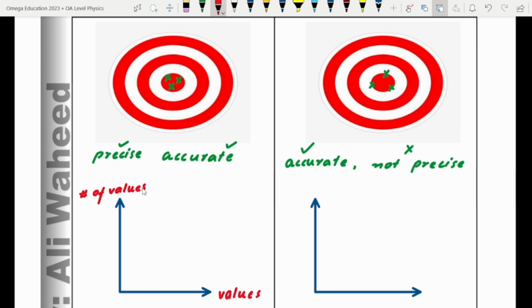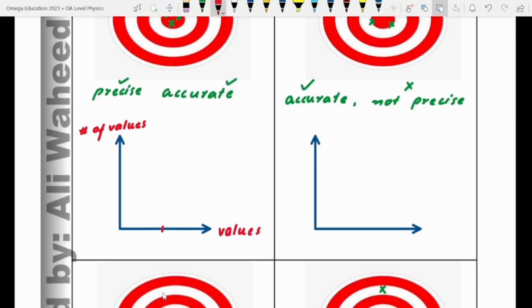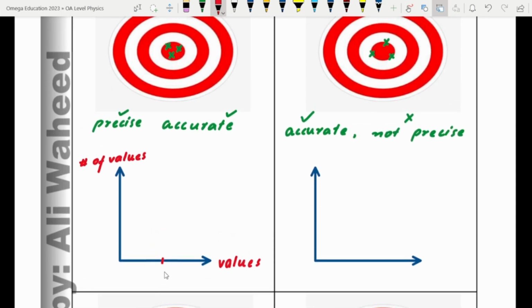Let's say we were calculating the value of g, where the actual value is 9.81. The actual value lies over here, 9.81. That's the actual value of g. And the values that we have obtained are plotted as something like this.